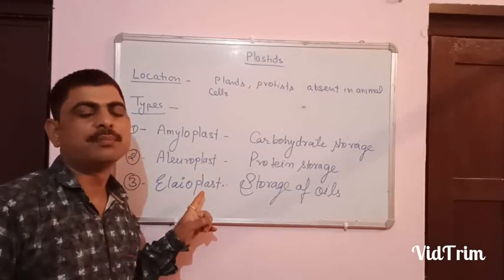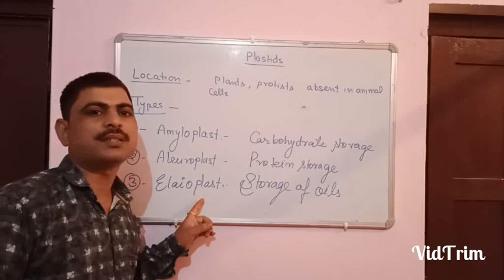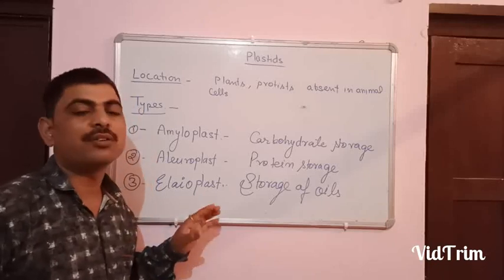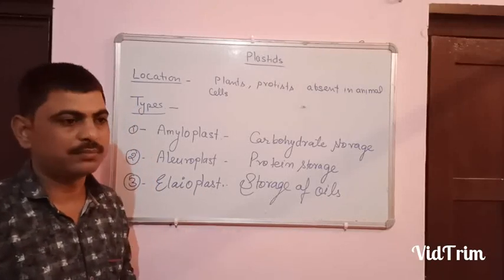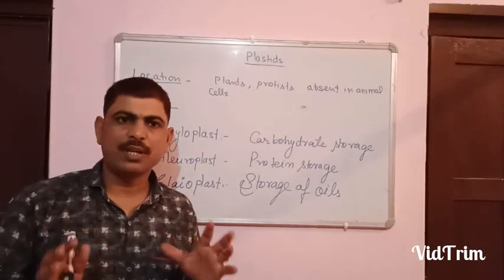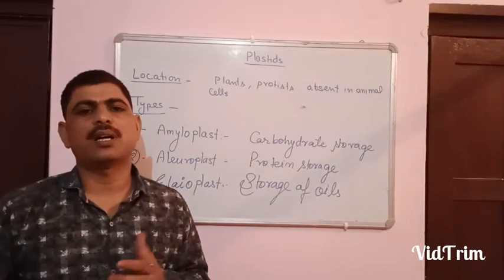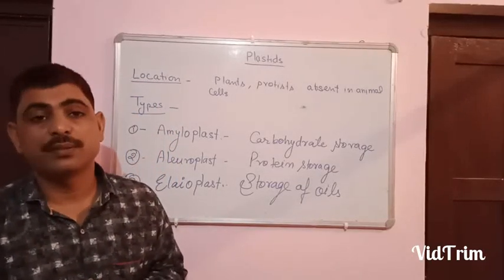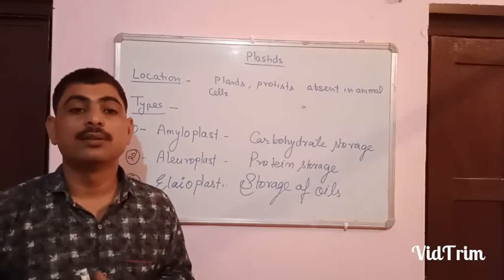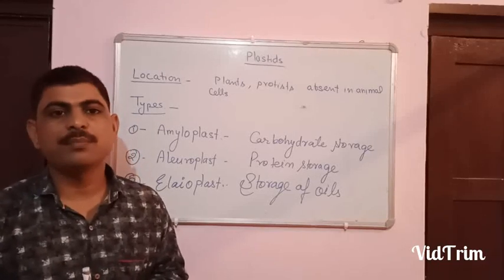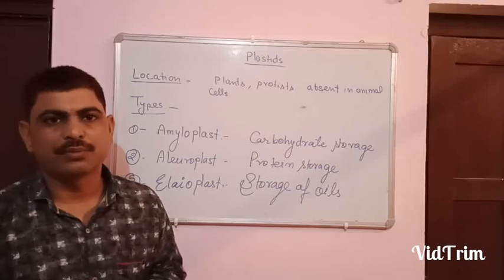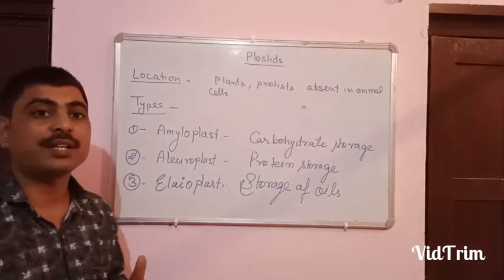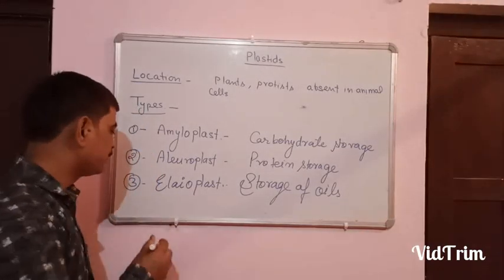Okay, and the major property is that the cells in which leucoplasts are found are not exposed to the sun. I think you are well aware which part of the plant is not exposed to the sun. That is the root, or maybe some parts of the stem also, like underground stems.